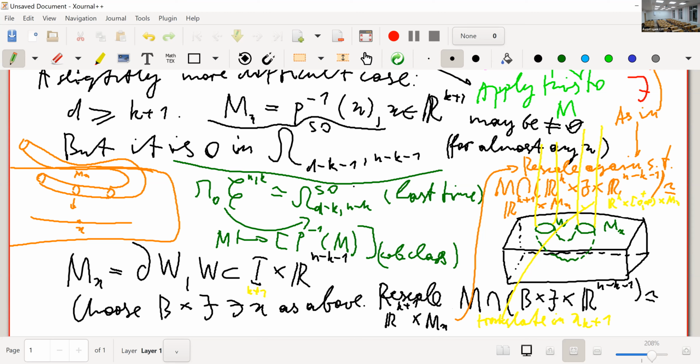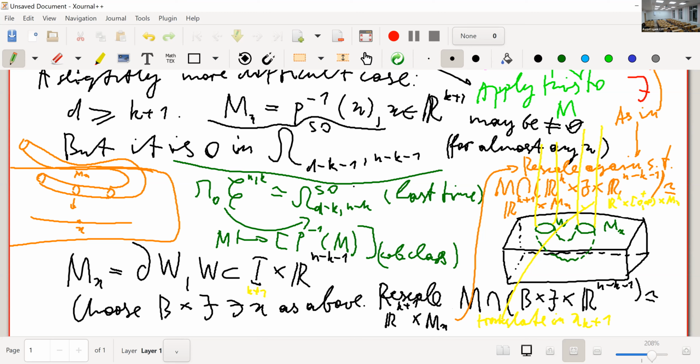So, once again, suppose there is no k, suppose k is 0. And just look at the picture. In this picture we have Mx and W, and then we attach the cylinder (0 or 1, comma infinity) cross Mx to W along Mx.